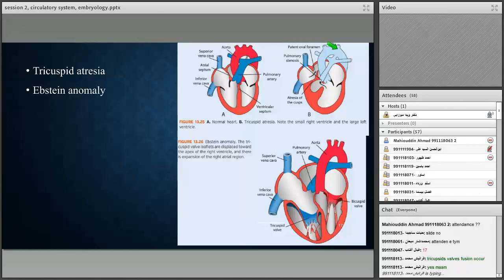We have also another anomaly with the name of Ebstein anomaly in this part. The tricuspid valve is displaced toward the apex of the right ventricle. It is the Ebstein displacement of the tricuspid valve.